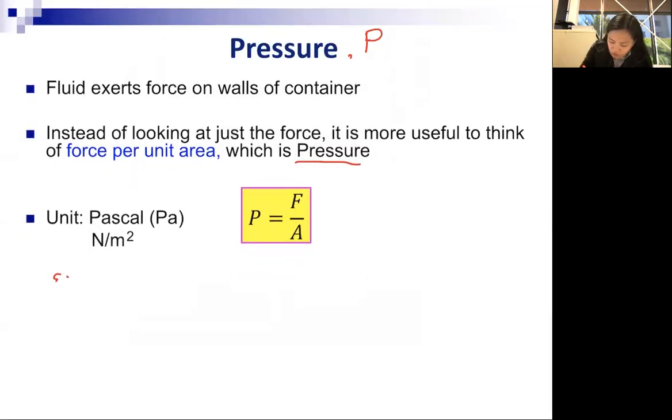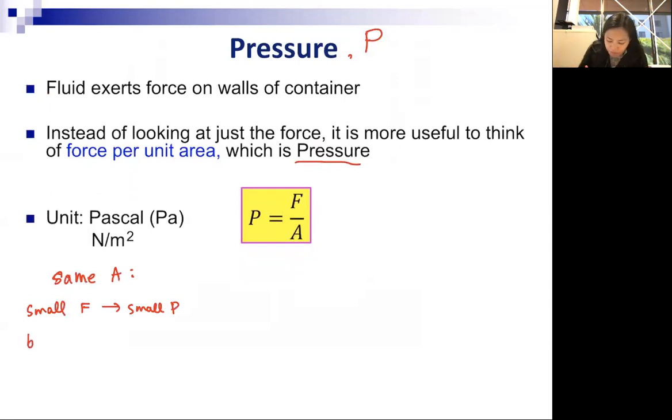So say for the same area, if you're looking at the same area, then a small force will give you a small pressure, because that's what direct proportionality means.